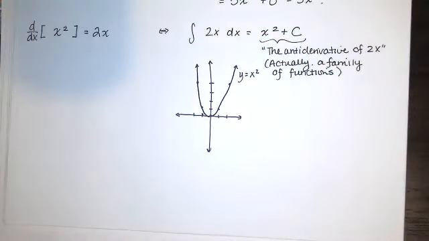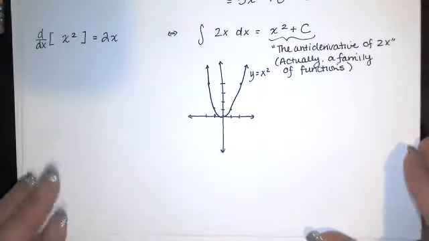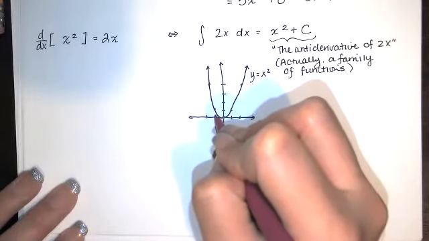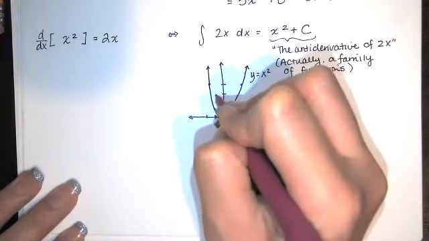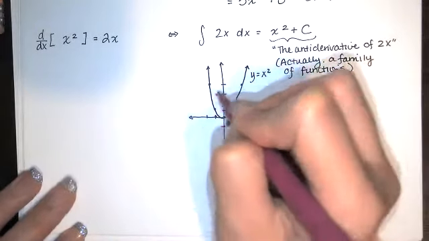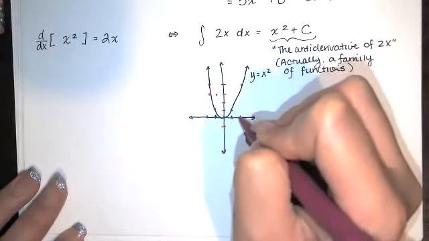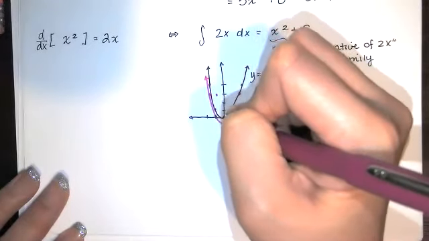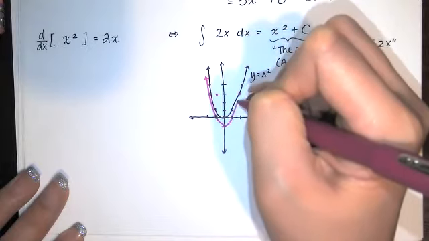This doesn't look very much like a parabola, but you get the idea. It's supposed to be a parabola. If c equals -1, we would just start down here, and my graph would look like this.